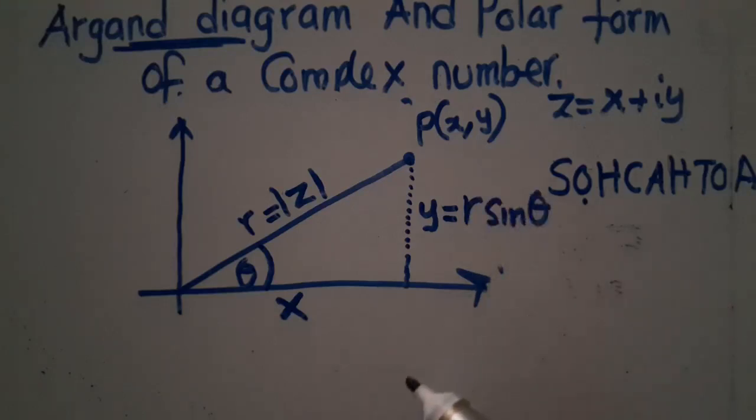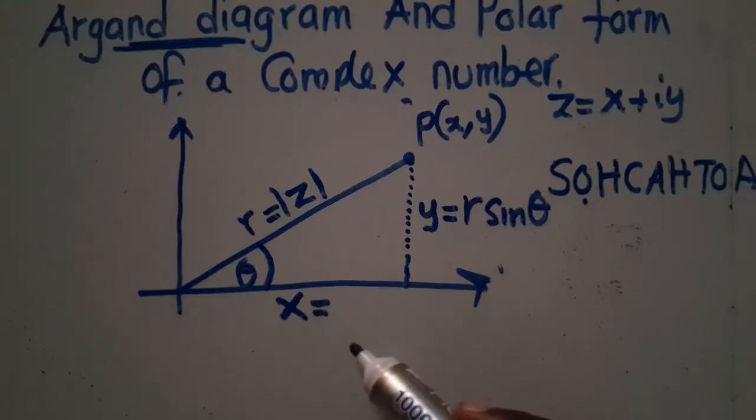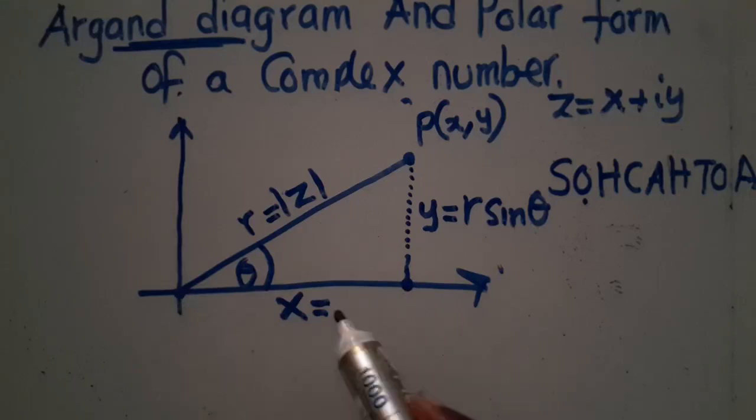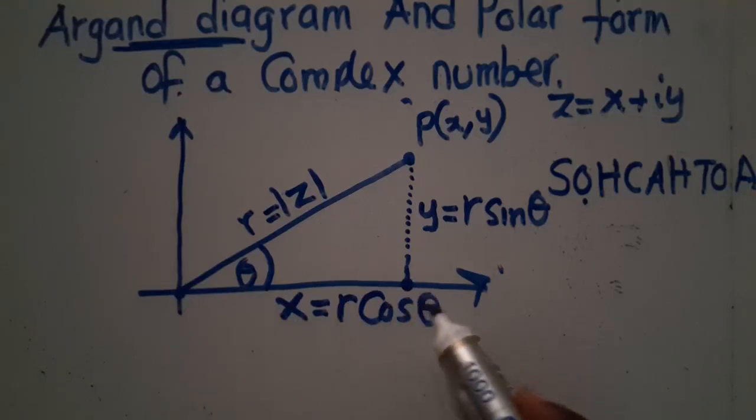This is what you need to understand on the y. On the x here, we covered these things. I hope you are not confused. So how do we find x? This is the x-axis, from here to there. So we say r, then cos theta. This is what I need.